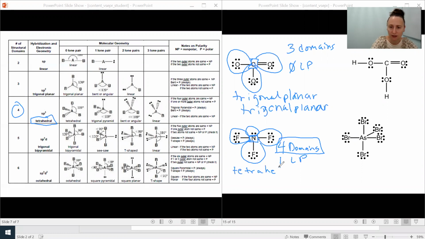And within that arrangement, if one of them is a lone pair, I'm going to jump over here. 1 lone pair is going to give me a trigonal pyramidal geometry, trigonal pyramid.